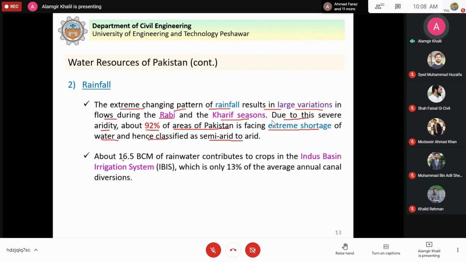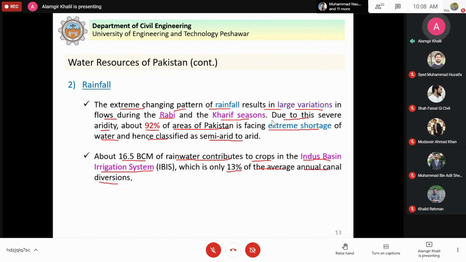About 16.5 billion cubic meter of rainwater contributes to crops in the Indus Basin irrigation system, which we will study in detail. So 16.5 billion cubic meter of rainwater contributes to crops, which is only 13% of the average annual canal diversions.